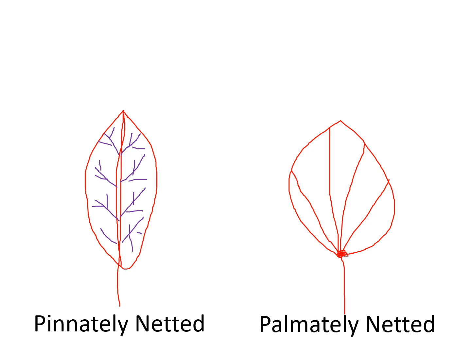Here is the secondary vein like this, third vein like this, like a net. This is how they differ. So the palmately netted looks like a palm, like this.